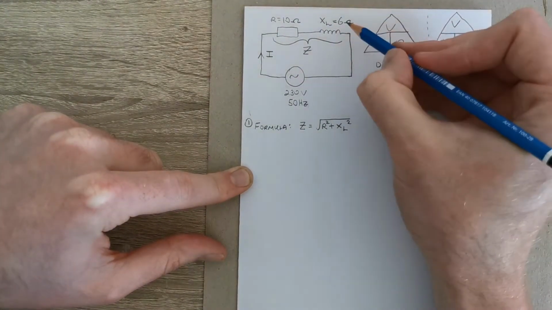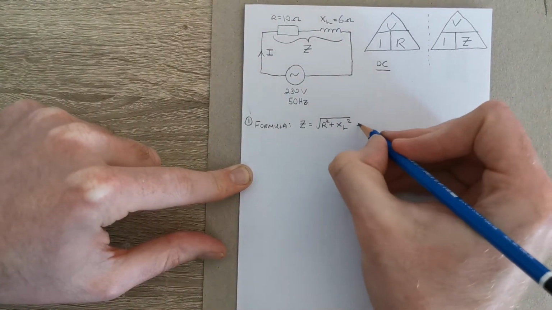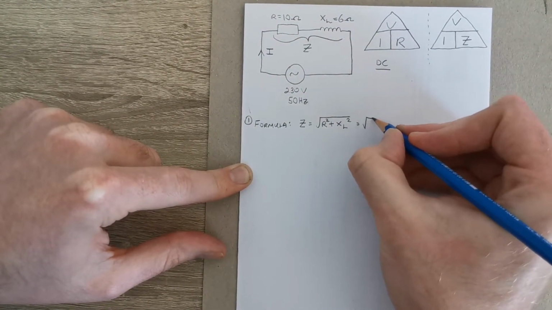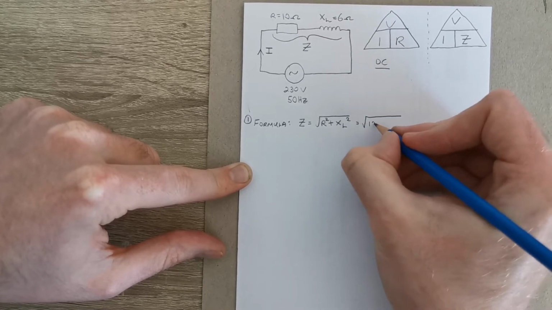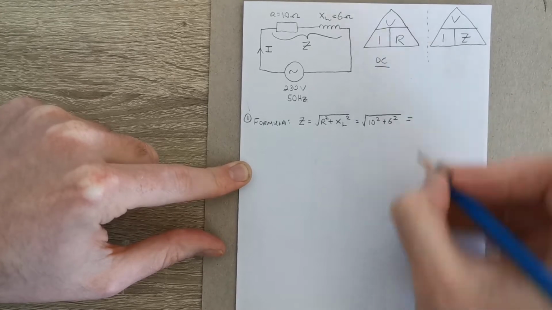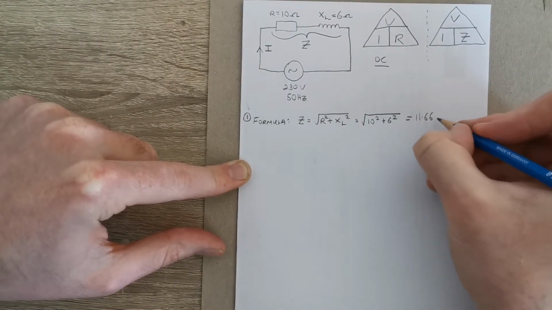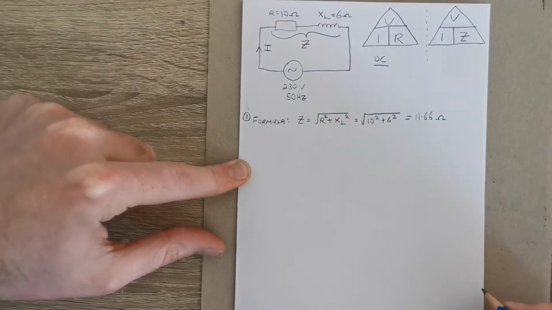And we have those two values here, so we can put these into our formula and get a result. That would be the square root of 10 squared plus 6 squared, and that works out at 11.66 ohms.